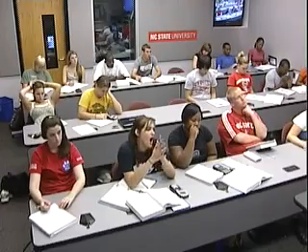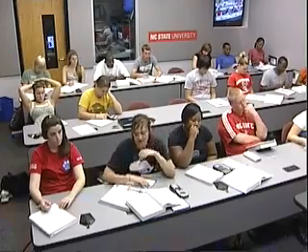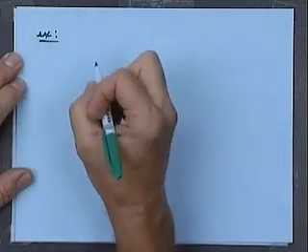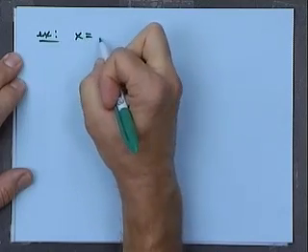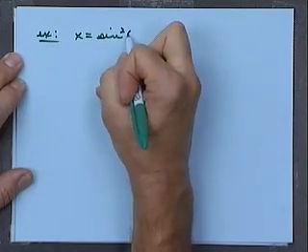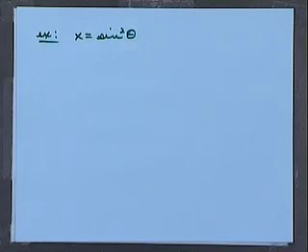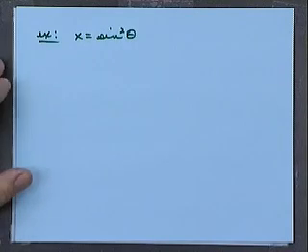Okay, third example. Let's say this time that x equals sine squared. This seems overly simplified. It's kind of a strange little example.